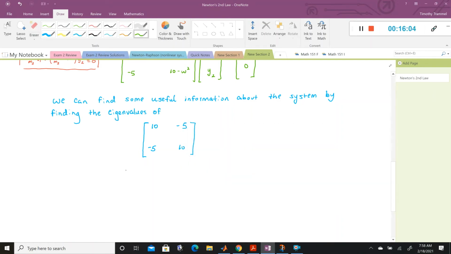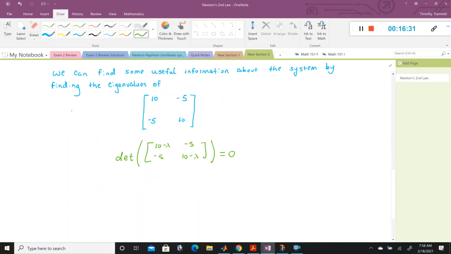There we go. The determinant of this matrix right here, and we'd want to set that equal to 0. So let's go ahead and do that. Let's take this determinant.